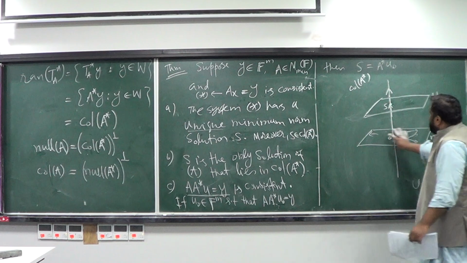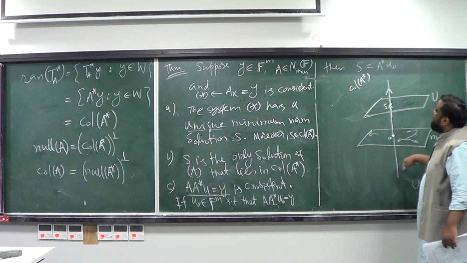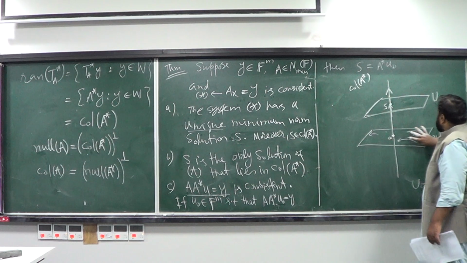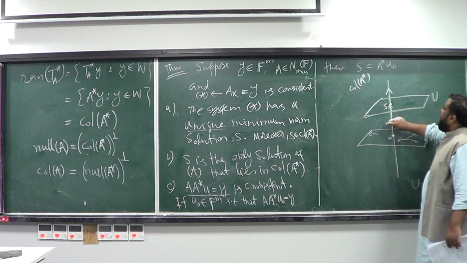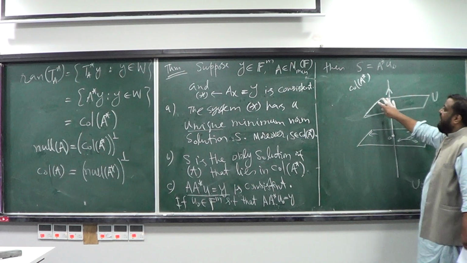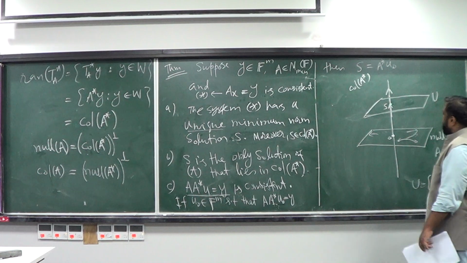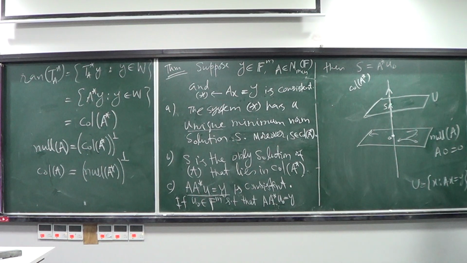So this is the null space of A. This axis is representing the axis of vectors that are orthogonal to the null space of A, and U is the set of the solutions that solves Ax equal to y.